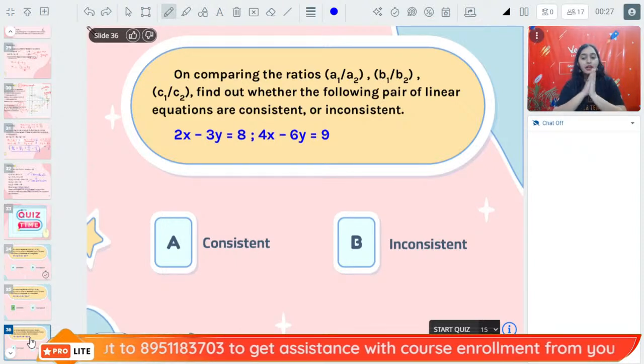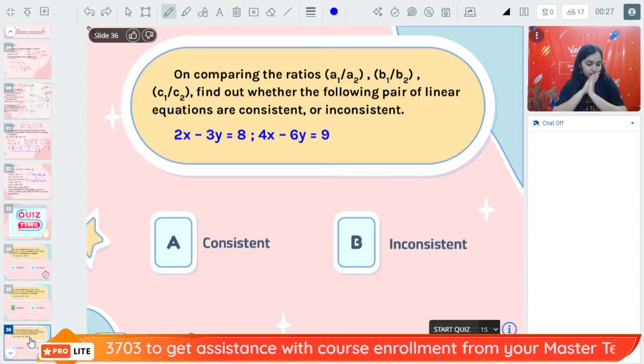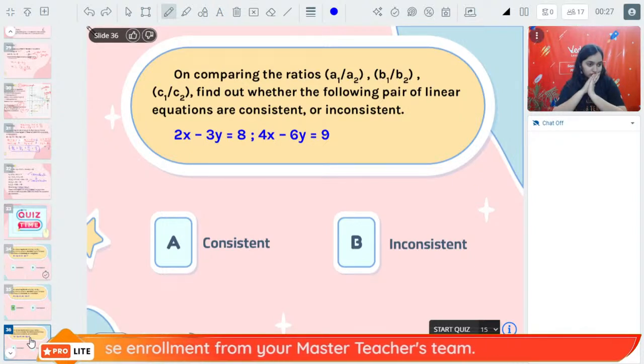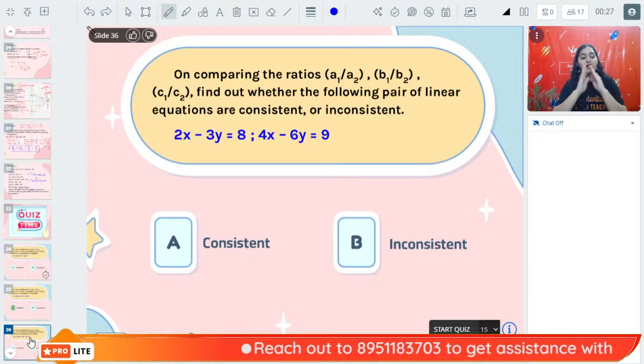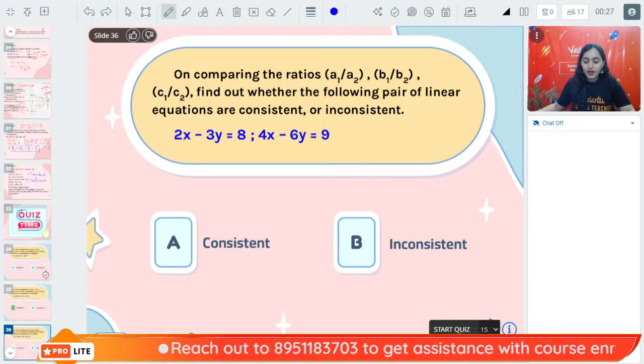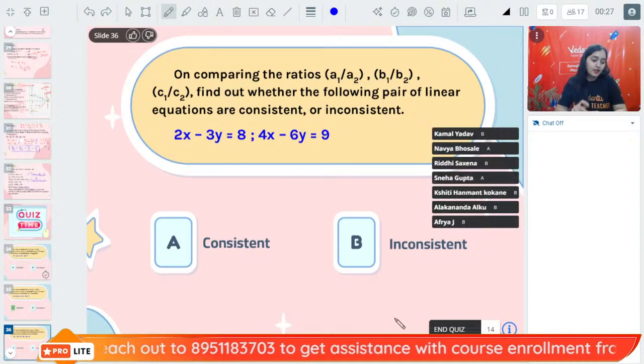Done? Ready? Okay, three, two, one, start. Mark your answers.